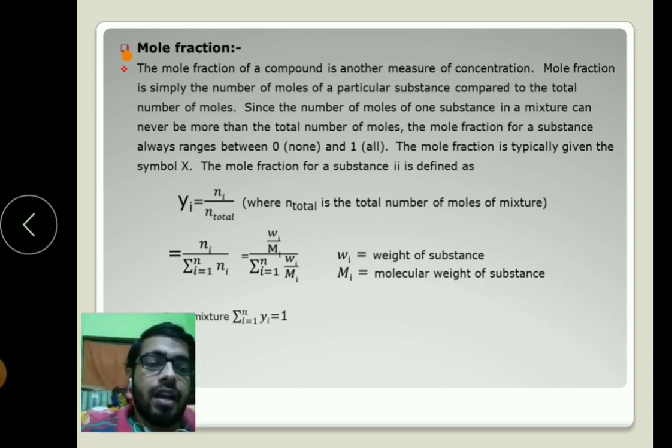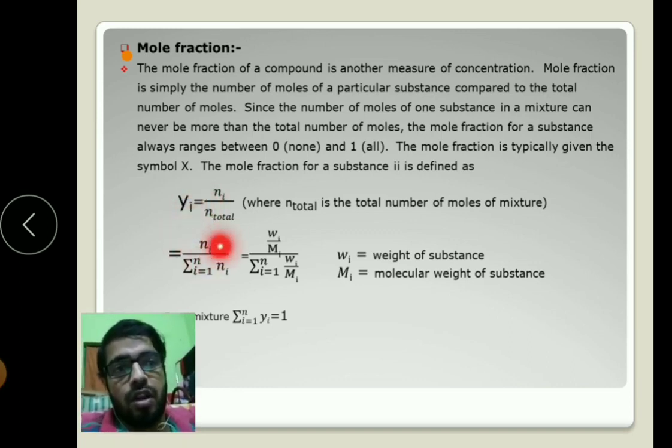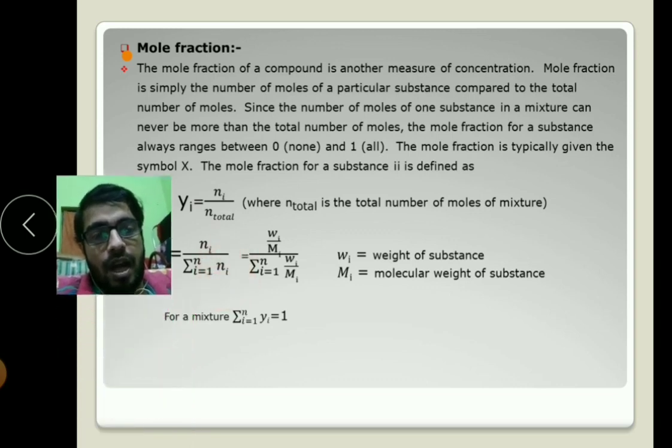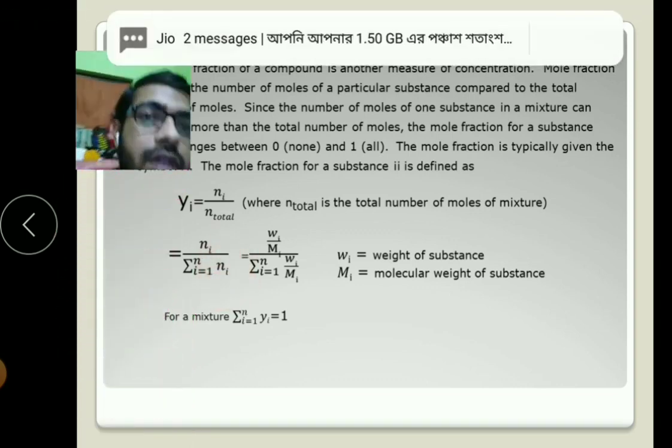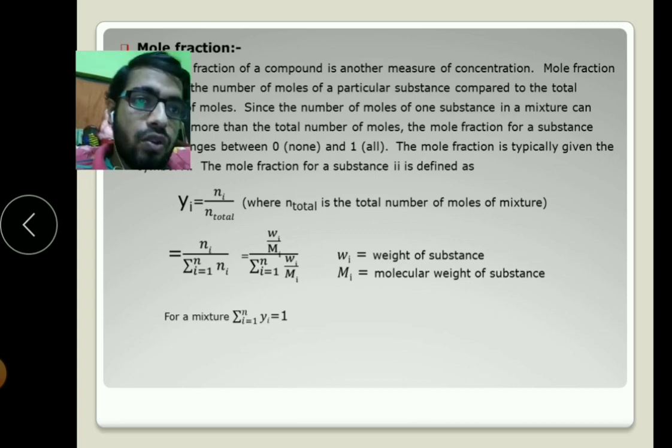As carbon dioxide is not available in the mixture, only nitrogen and oxygen, the mole fraction of carbon dioxide will be 0. Suppose we take pure nitrogen, everything is nitrogen, so moles of nitrogen divided by total moles, which is also nitrogen, gives a mole fraction of 1. So mole fraction varies from 0 to 1.